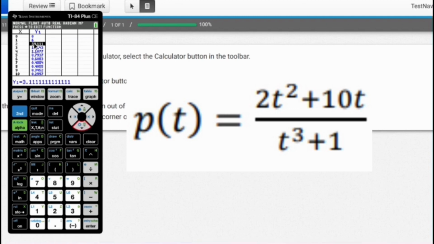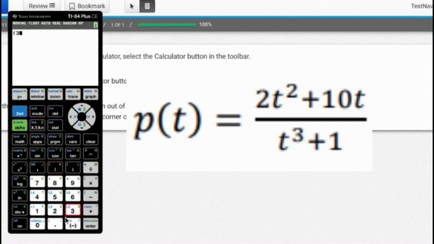While I'm here, I might as well do it because the numbers are friendly enough. Parentheses 3.111 minus 6 all over 2 minus 1. I think I can handle the 2 minus 1 part, but I'm typing it out anyway because it takes time. And we get negative 2.889. So let's go back to our slides and figure out what that means in the real world.